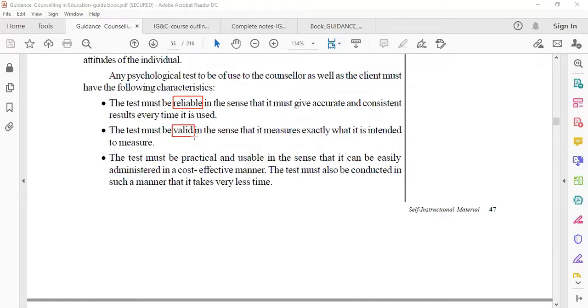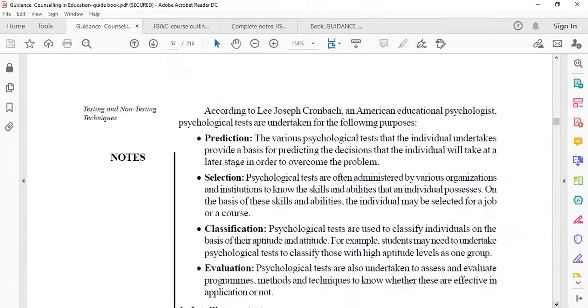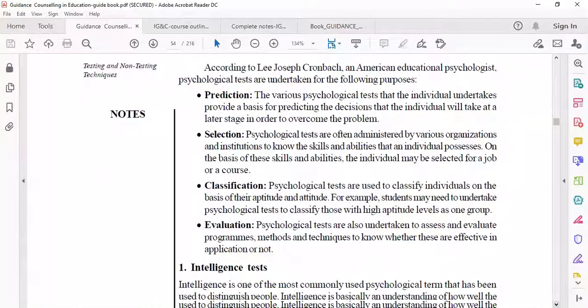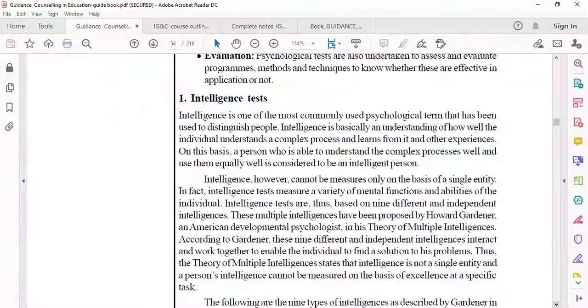There should be consistency in the test, meaning the reliability should be there, and the test should be appropriate as far as the age of the student is concerned, as far as the problem of the student is concerned. It should be appropriate according to the need. Then that test will be called a valid or appropriate test.